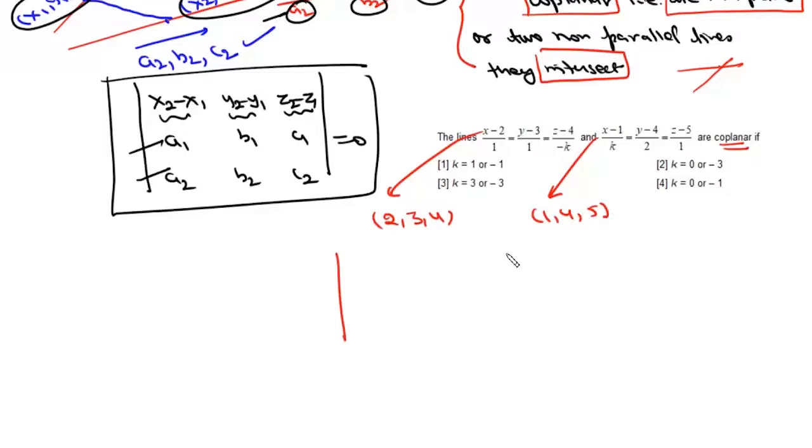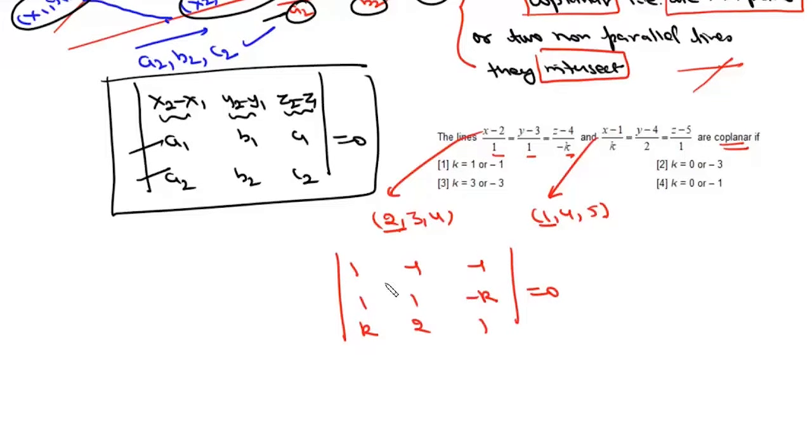So we'll directly write determinant. Now this is x2 minus x1, 2 minus 1 is 1, 3 minus 4 is minus 1, and 4 minus 5 is minus 1. Now direction ratios here are 1 1 and minus k, and here they are k 2 and 1, and it must be 0.